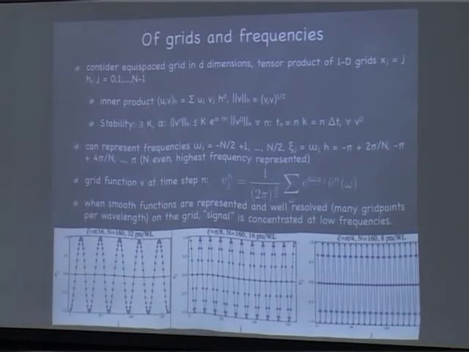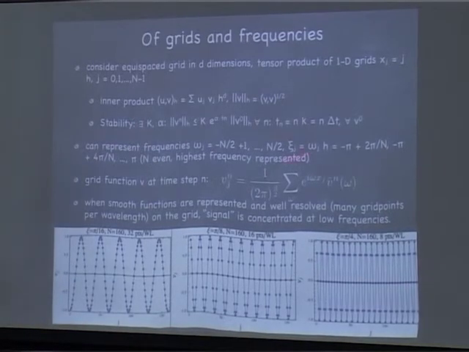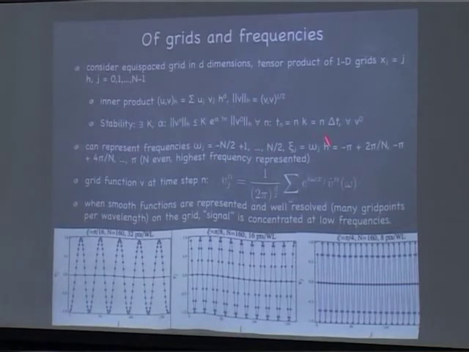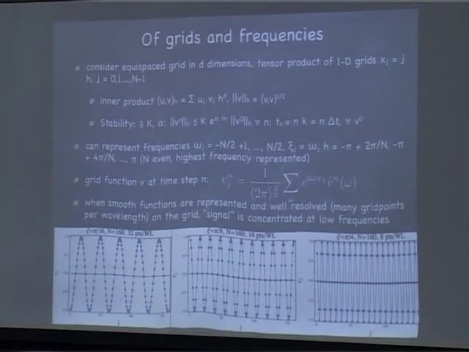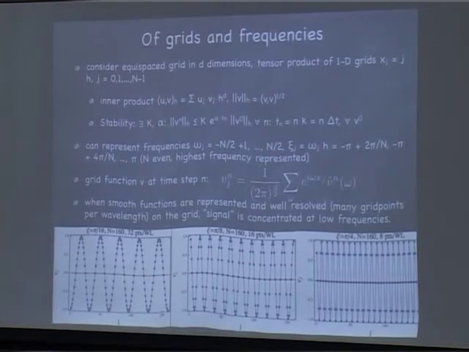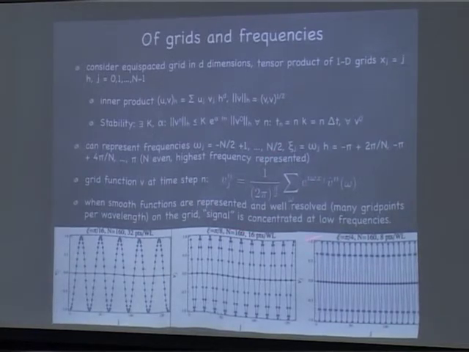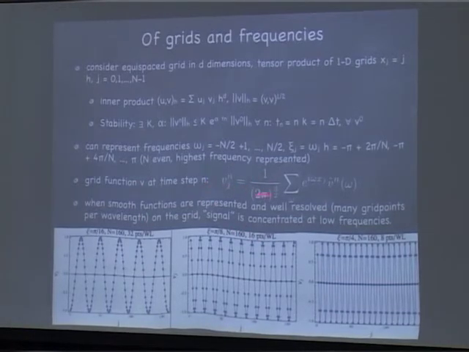All right, so now we have laid out our grids. We have two ways of writing the frequency in a rescaled way, where we go up to frequencies of n over 2, and then we can say a grid function v at time step n is just a superposition of these different Fourier modes.